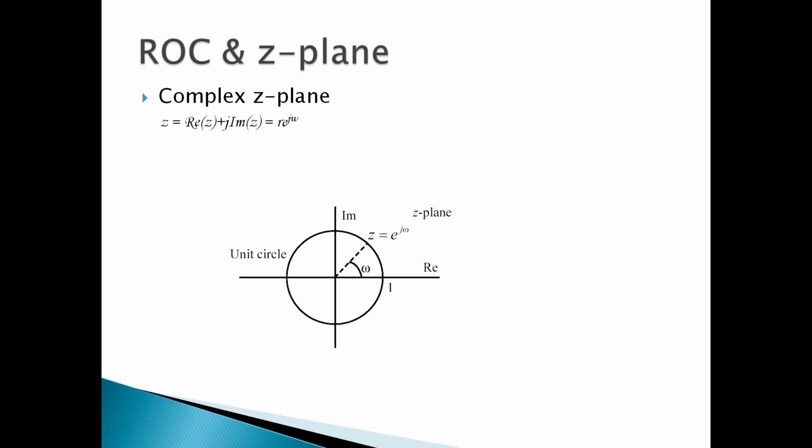This is the ROC in the Z plane, where on the x-axis is the real part and on the y-axis the imaginary part of Z. So a complete plane can be written as Z equal to real of Z plus j into imaginary of Z, which is also equal to r e power j omega. And a unit circle has been plotted for the ROC here.